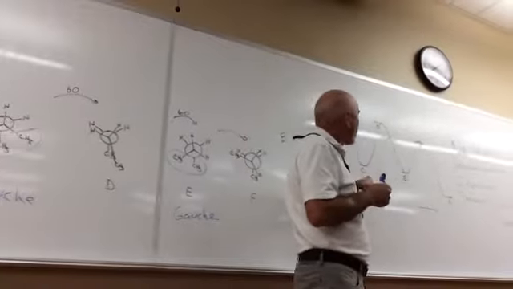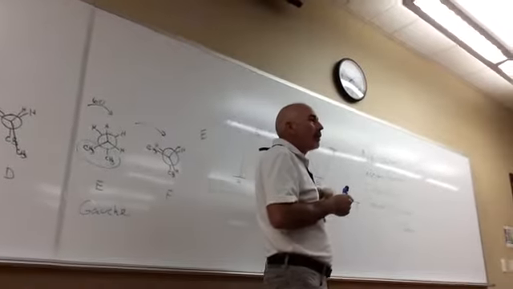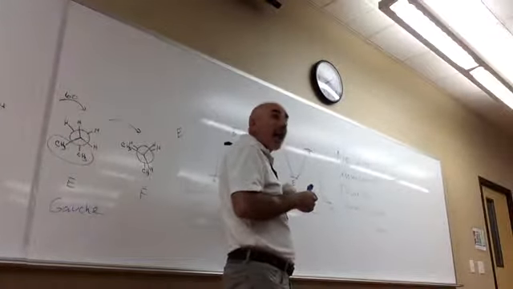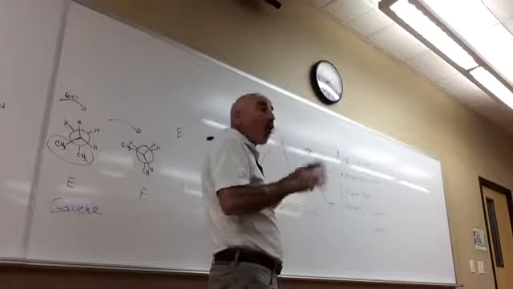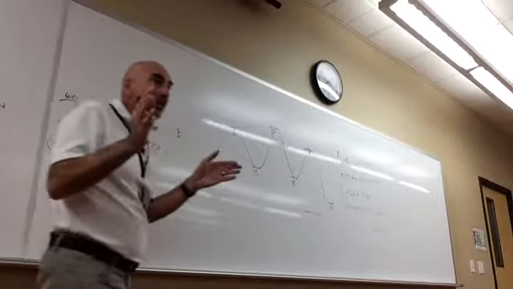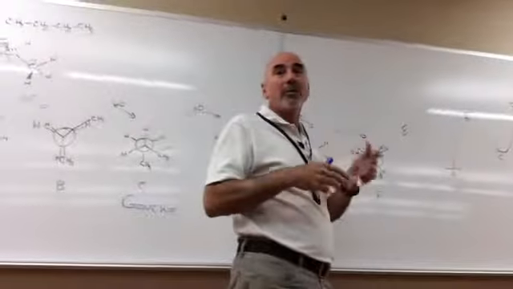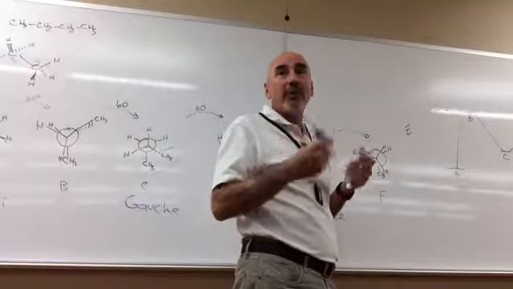But there are other energy minimums that can be populated that are higher in energy, but they're not horrible in energy. Okay, they're not high enough to where you will never achieve them.